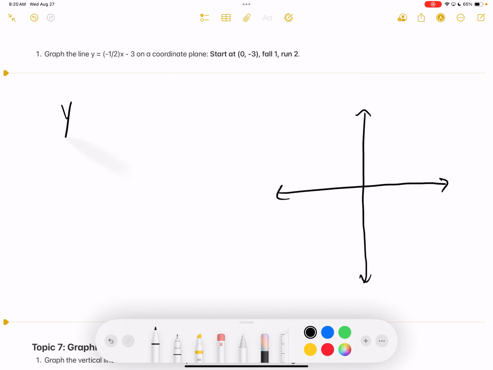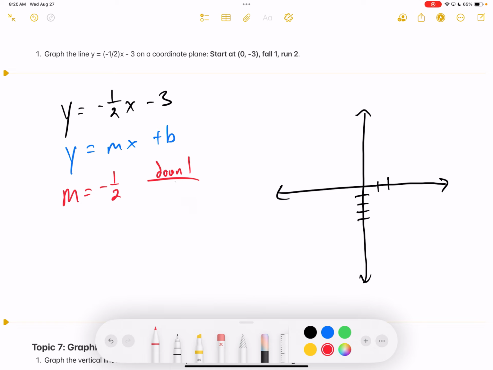So on this one, I got y equals mx plus b. It's already in that form, so my m is negative 1/2. That means it's negative. First one we've done that's negative. Down 1 to the right 2.